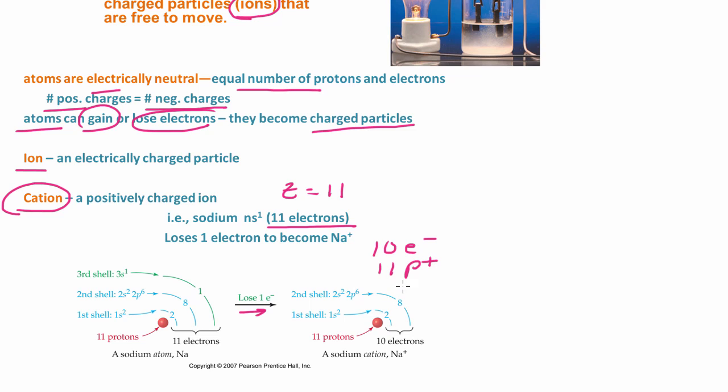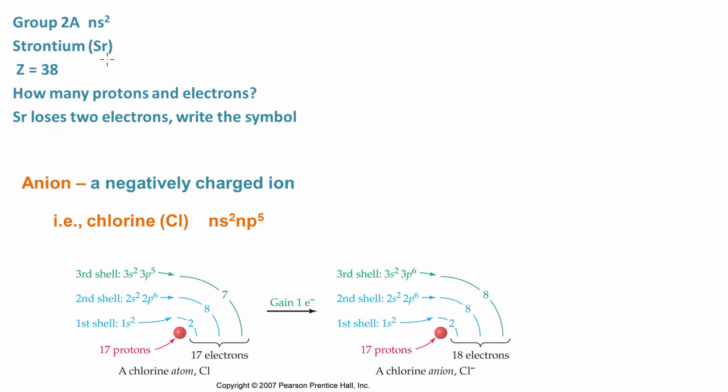That means there is a net charge of positive 1. The symbol for the sodium ion would be written like this, where the plus indicates a positive charge. We don't include the 1. That's just assumed.